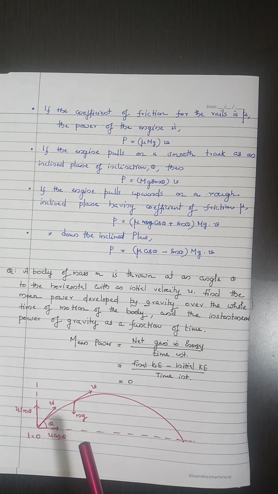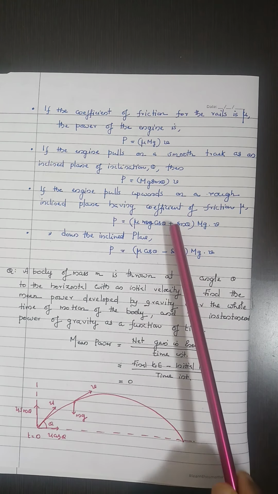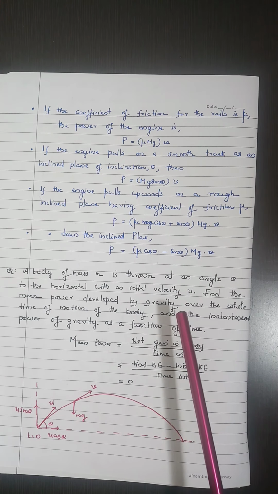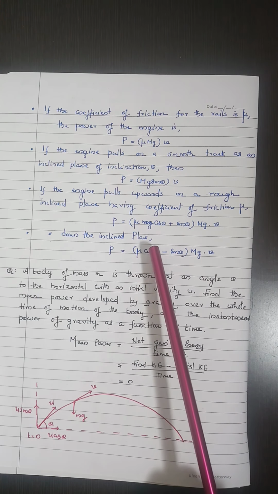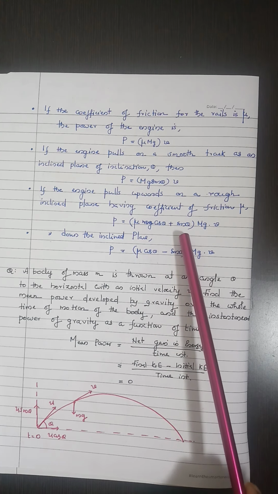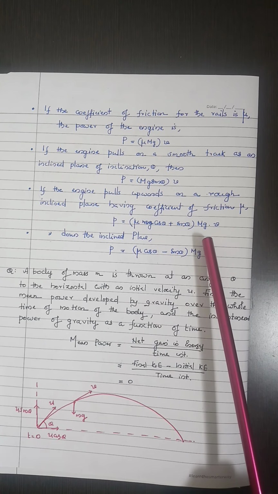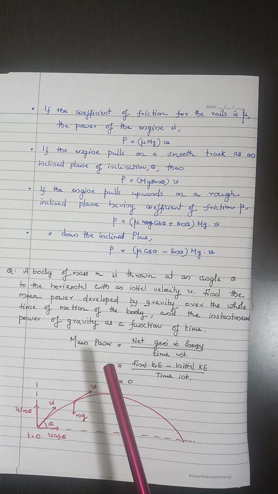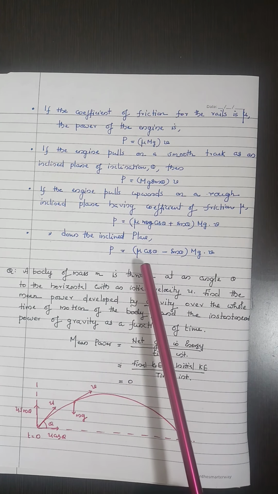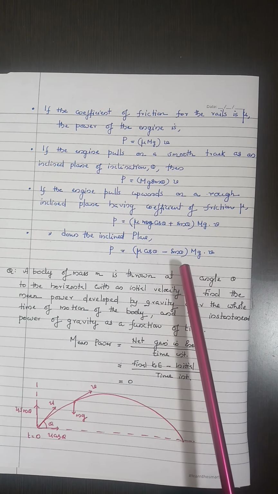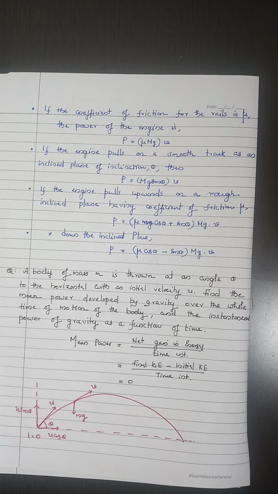But if the engine pulls upward on a rough inclined plane having coefficient of friction mu, then P becomes (mu cos theta plus sin theta) into mg into v. If it is down the inclined plane, (mu cos theta minus sin theta) into mgv.